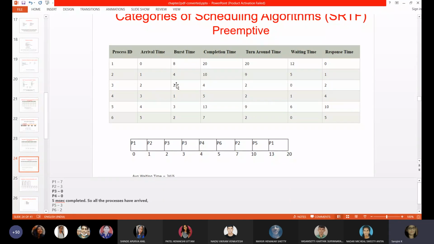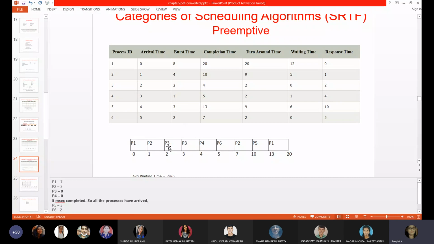Its CPU burst time is 2 milliseconds. Now you compare 7, 3, 2. Which is the shortest remaining time? Process P3. So process P2 will be evicted, and P3 will get the chance.